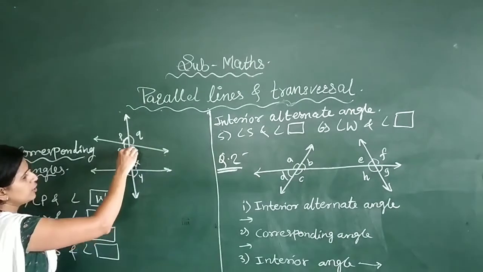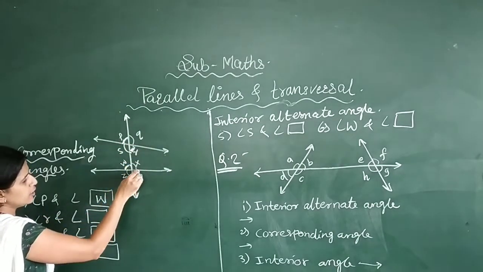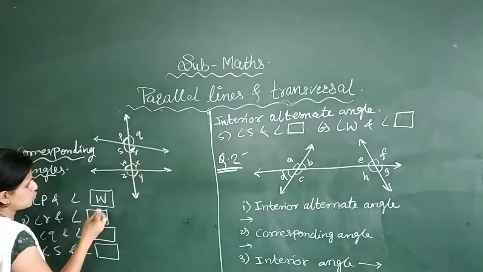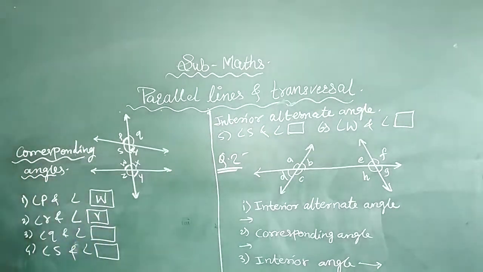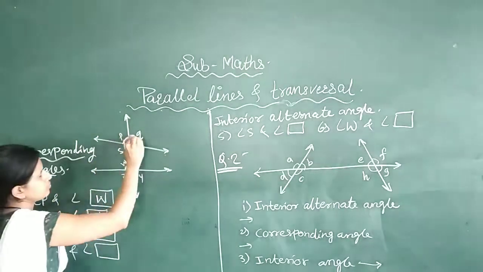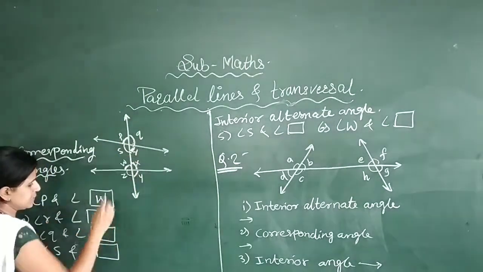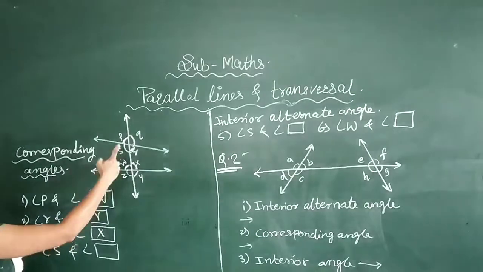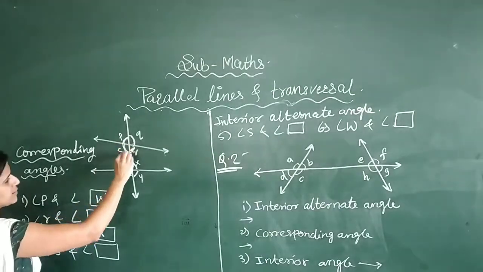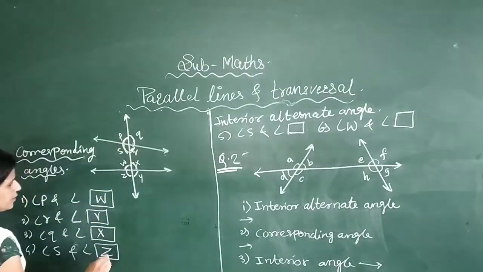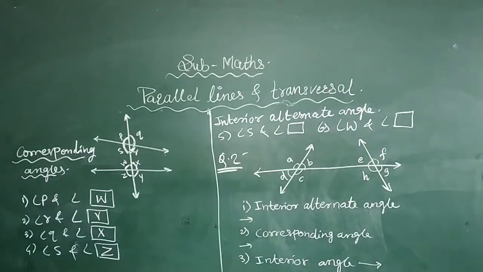This is your R, and the one on the same side is Y. So write down Y. Q: the same side to Q is X. And S: the same side of S is Z. Getting it?